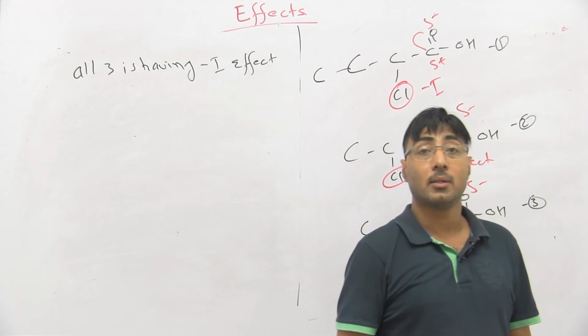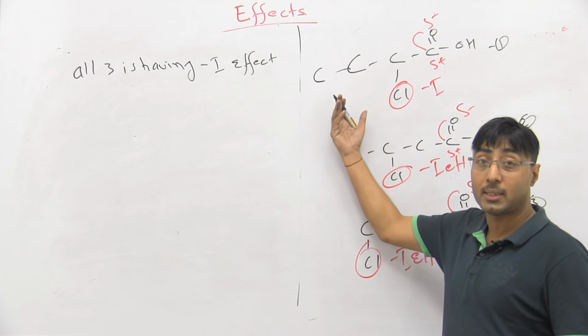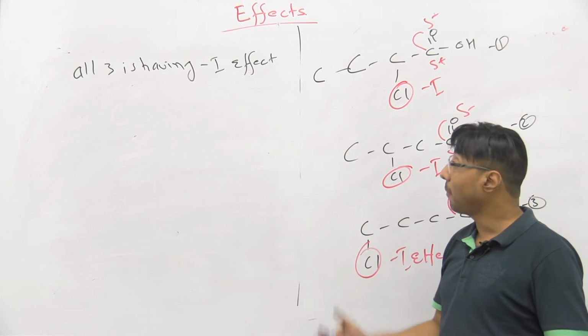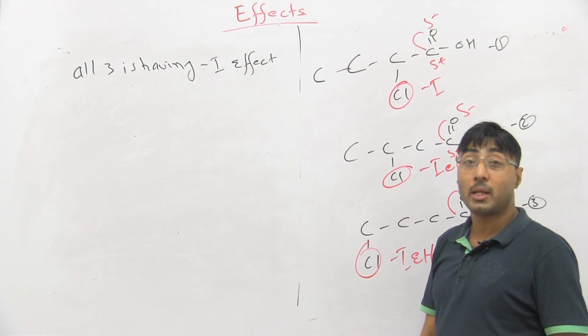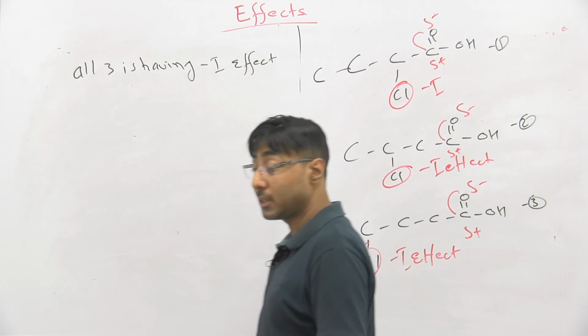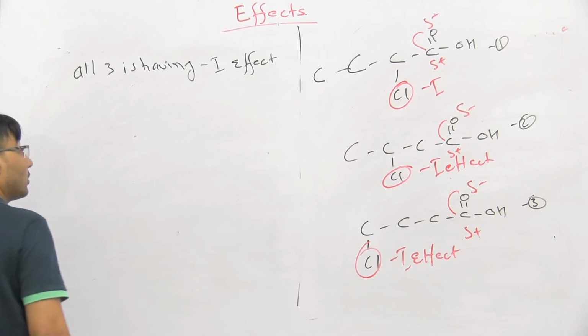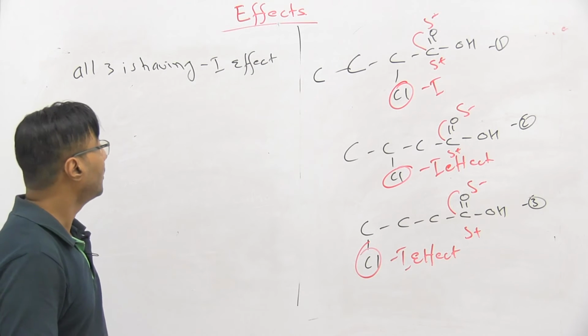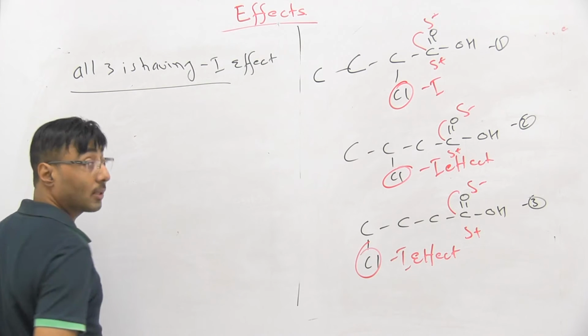But the answer is that one of them is a stronger acid and one of them is the weakest acid. So we cannot go for the option that all three have the same strength. That is the wrong option, and that option is not given either. So how to find out? All three have minus I effect.